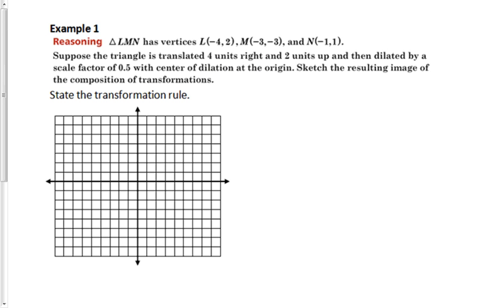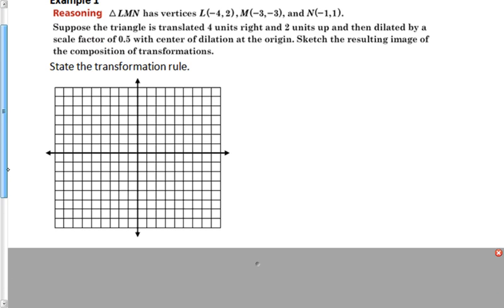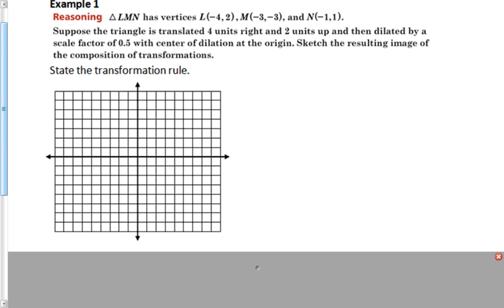So if we're looking here, we have example 1, we have triangle LMN with the vertices -4, 2. So I'm going to label it 1, 2, 3, 4, and 2. -3, -3. So that was M. And then -1, 1.